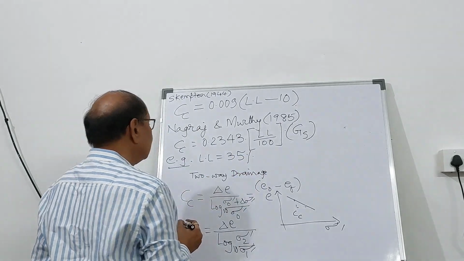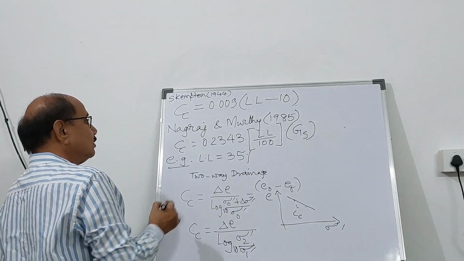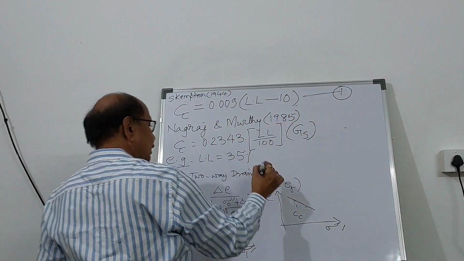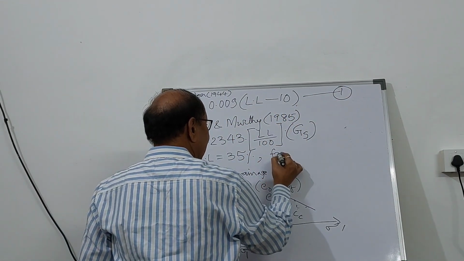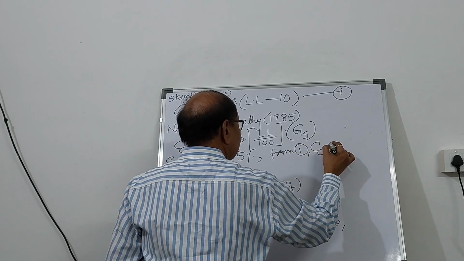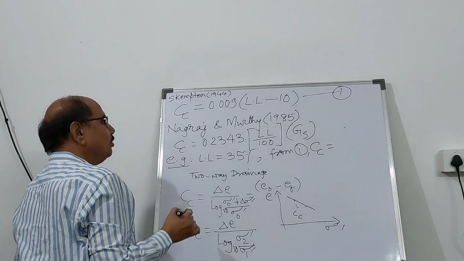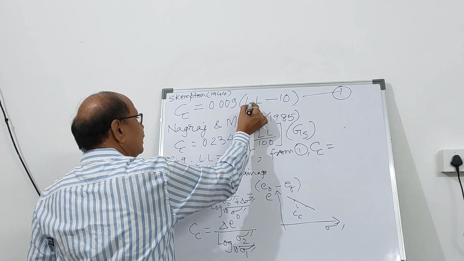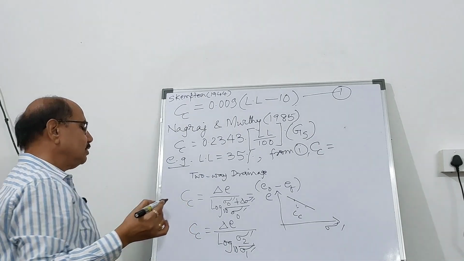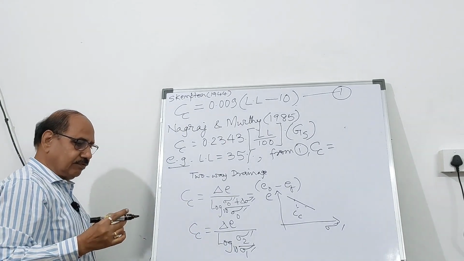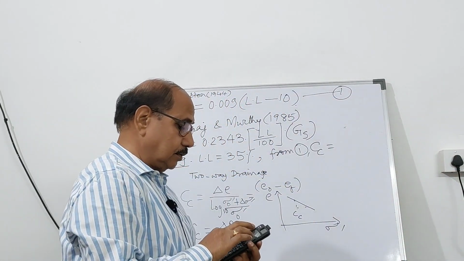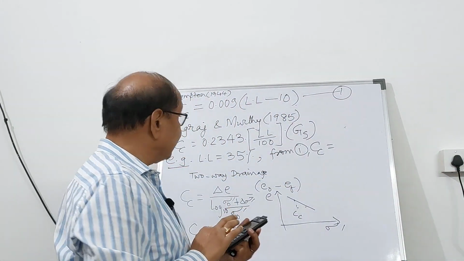If you use expression 1, then the value of compression index will be 0.009 into LL 35 minus 10, that is going to be 25. And if you calculate it, you can find out the value very easily.